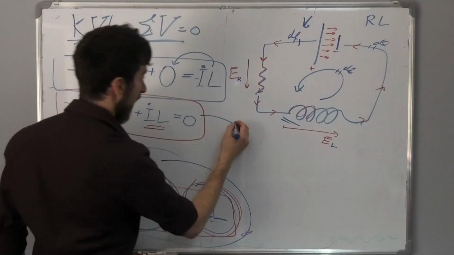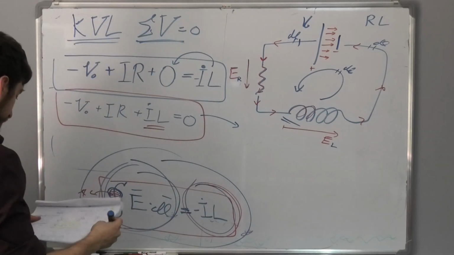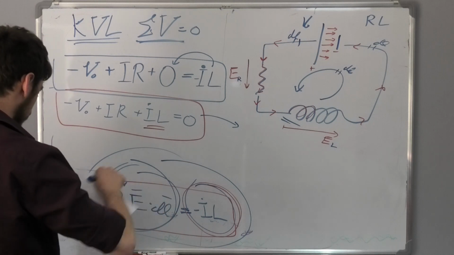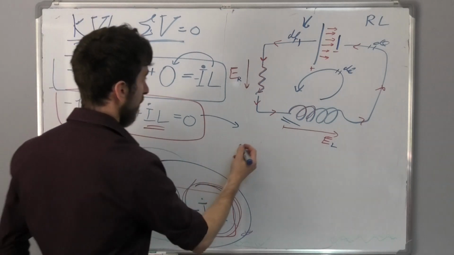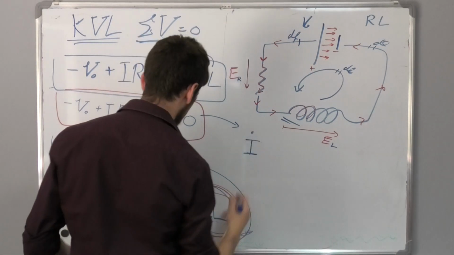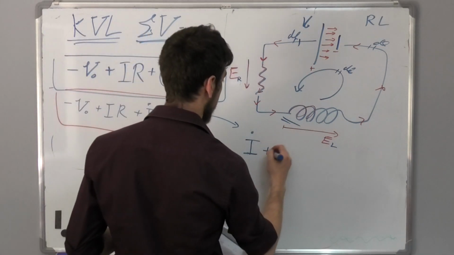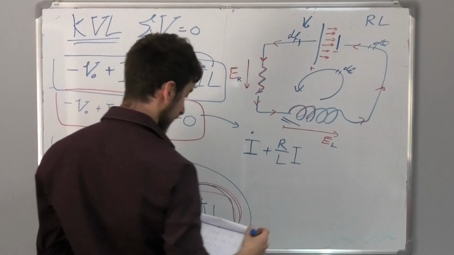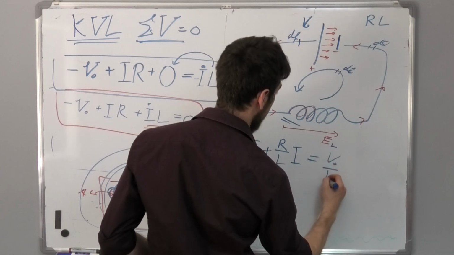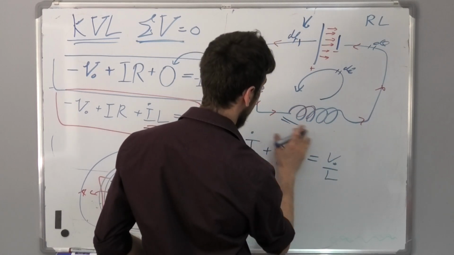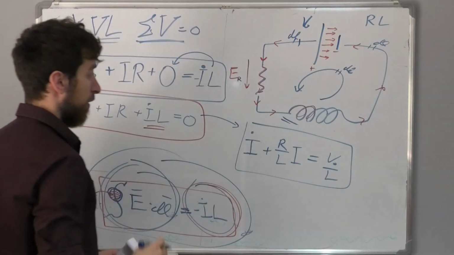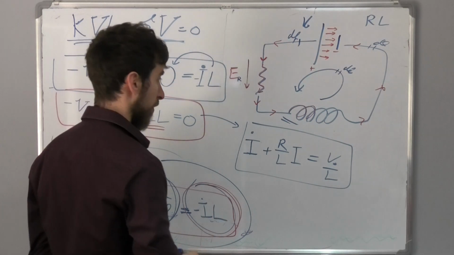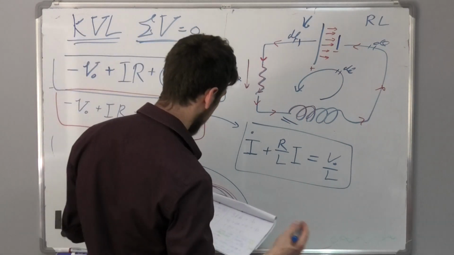Let's organize this one. If we're going to write it in a more compact way, I can write I dot, to normalize it at the beginning, plus R divided by L, multiplied by I, and this is equal to V0 divided by L, okay? And if we're going to solve this equation, what's the result that I'm going to have?